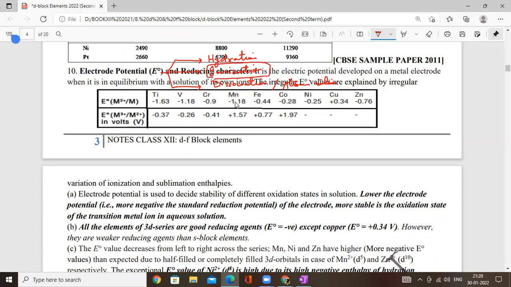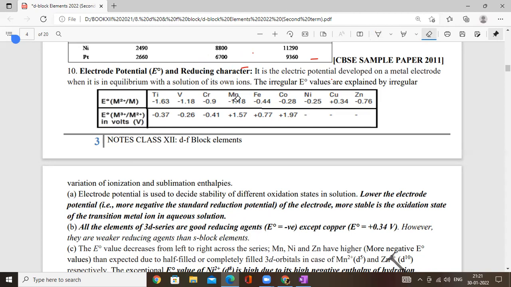Since ionization energy depends upon atomic radii, and atomic radii do not follow a regular trend, the E naught value will not follow any regular trend. I repeat, electrode potential depends upon hydration energy, ionization energy, dissociation or atomization. Ionization energy directly or indirectly depends upon atomic radii. Since atomic radii do not follow a regular trend, ionization energy as well as electrode potential will also not follow a regular trend. This is what we have already done.